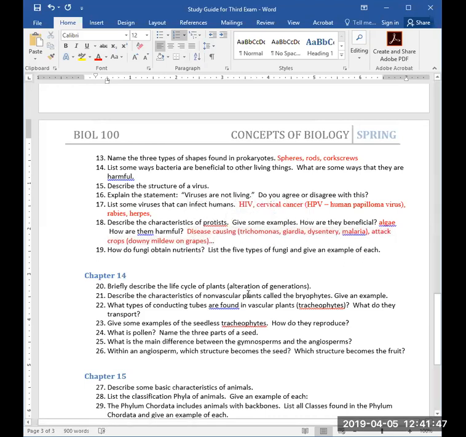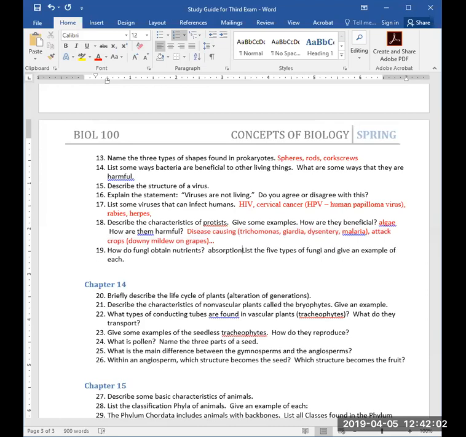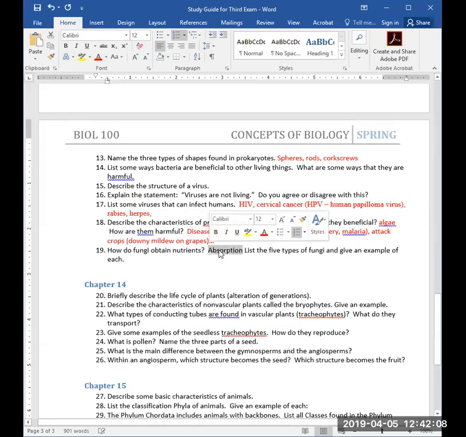All right. How do fungi obtain nutrients? How do they? You know how they do it? They absorb it. Absorption.